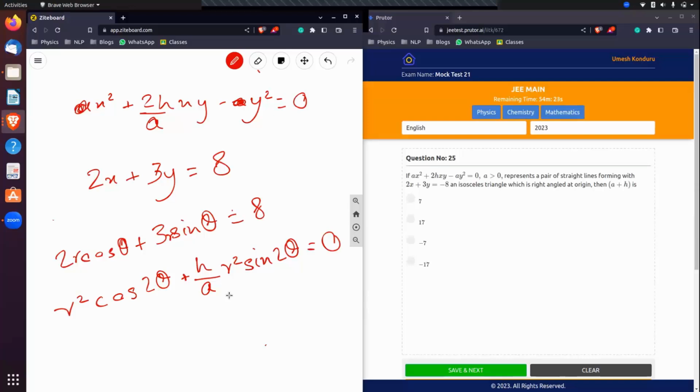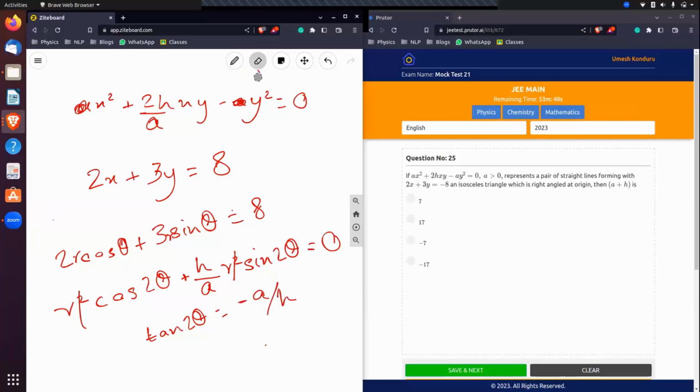Now, all that's left to figure out is what r is. So from this, we know what the value of tan 2 theta would be. So if we just write that down here, tan 2 theta, that will be minus a by h.